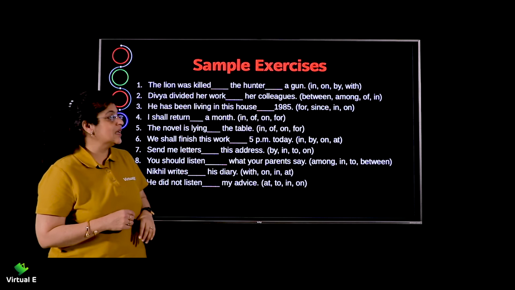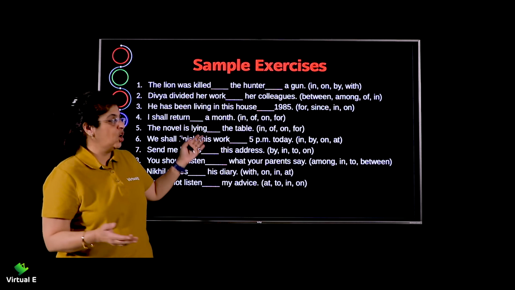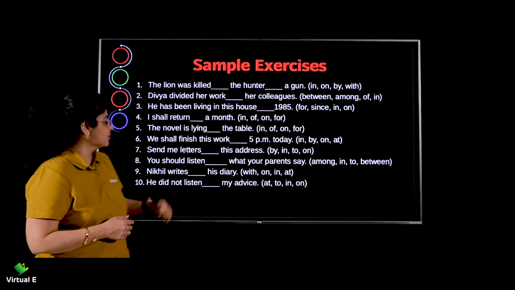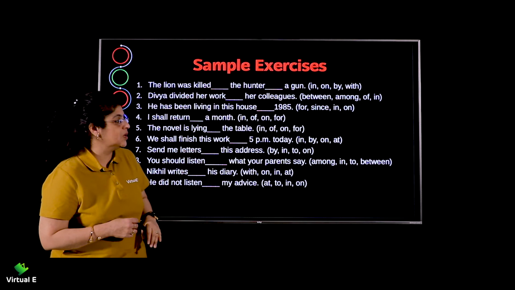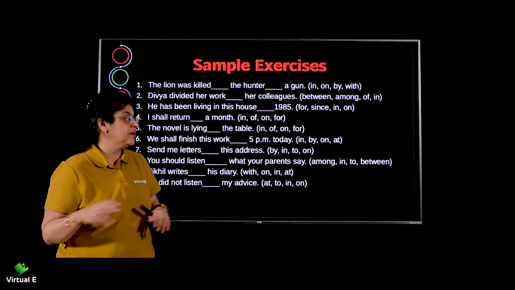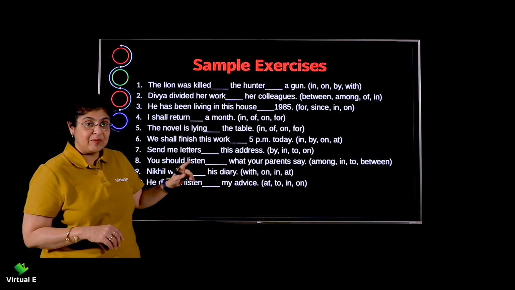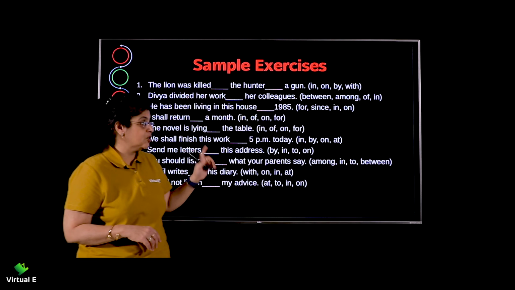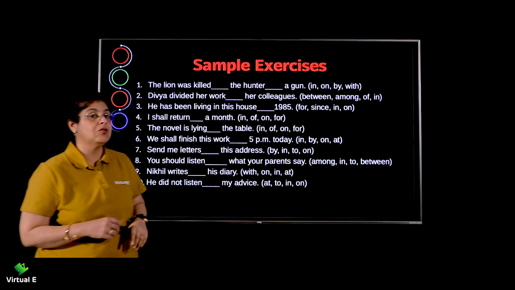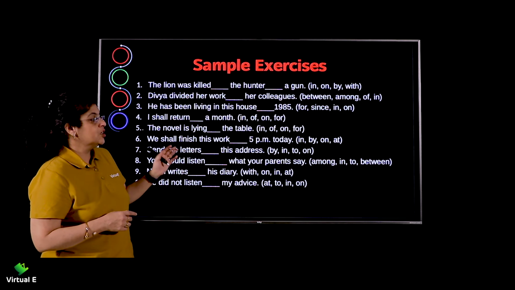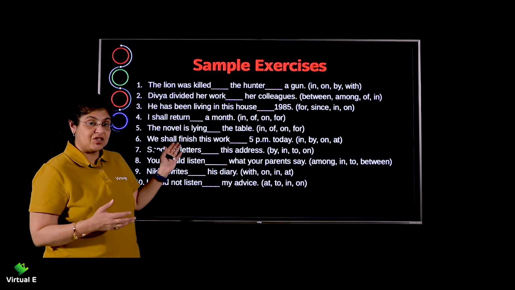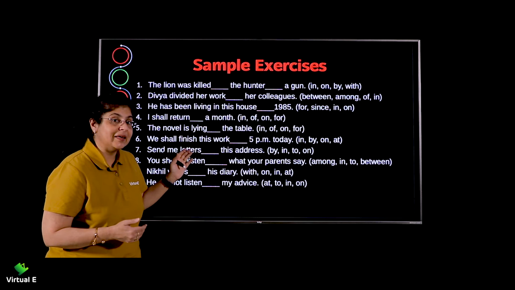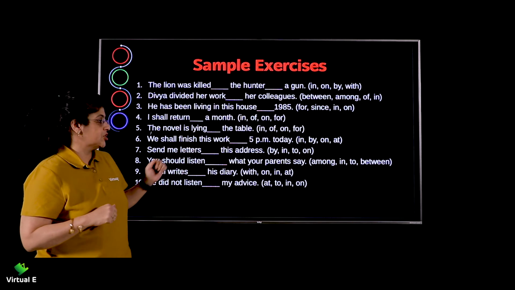The novel is lying, very simple, on the table. We shall finish this work dash 5 p.m. today. In 5 p.m. today, at 5 p.m. today, by 5 p.m. today, or on 5 p.m. today. So, here you're going to finish. So, it is by. By that time, we will finish.